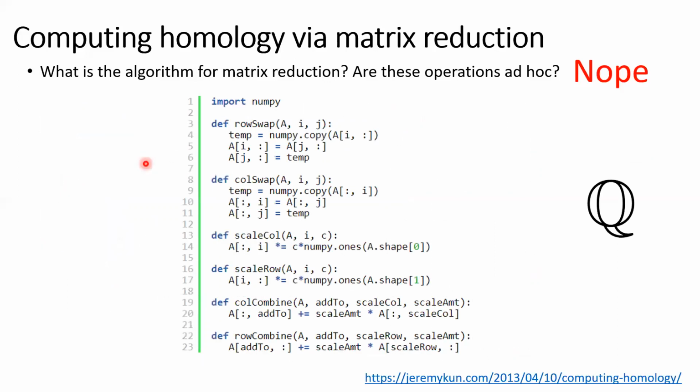And then he presents code for the operations that are going to be involved in the reduction algorithm, very nicely written in NumPy notation. He defines the elementary operations like swapping rows or swapping columns, adding a constant times a row to another row, or a column times a constant to another column.